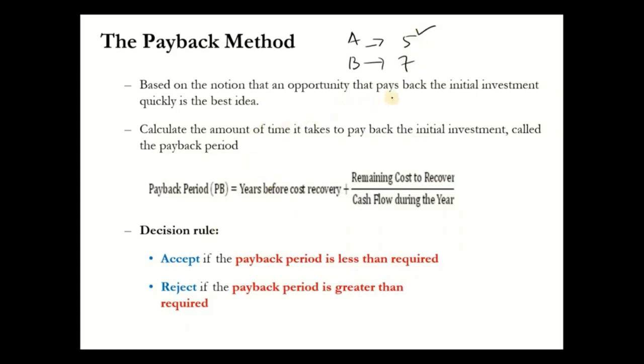So based on the notion that the opportunity that pays back the initial investment first is the best idea, we calculate the amount of time it takes to pay back the initial investment, called the payback period. Okay, so here the payback method means if our investment is recovered in a given time, what is that time period? How do we get it?